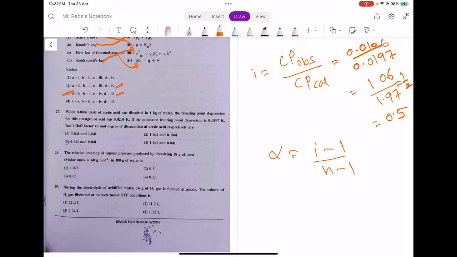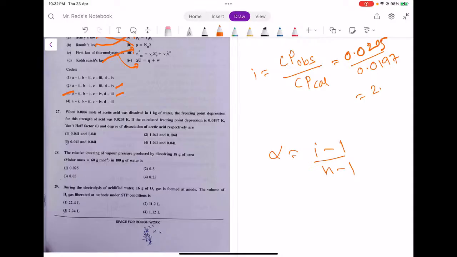Sorry students, here the observed depression in freezing point, 0.025, by the calculated depression in freezing point, 0.0197.